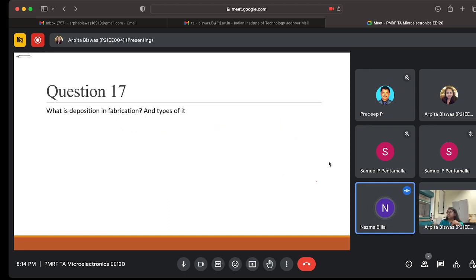So what is deposition in fabrication and its types? We are discussing the deposition technique. I think at the start of this session we started with the deposition technique. Some chemical processes and some physical techniques are there to deposit some material on the wafer surface. Actually, for forming the source and drain, we go for diffusion and ion implantation. For forming the gate, we go for chemical vapor deposition technique, on the oxide layer.